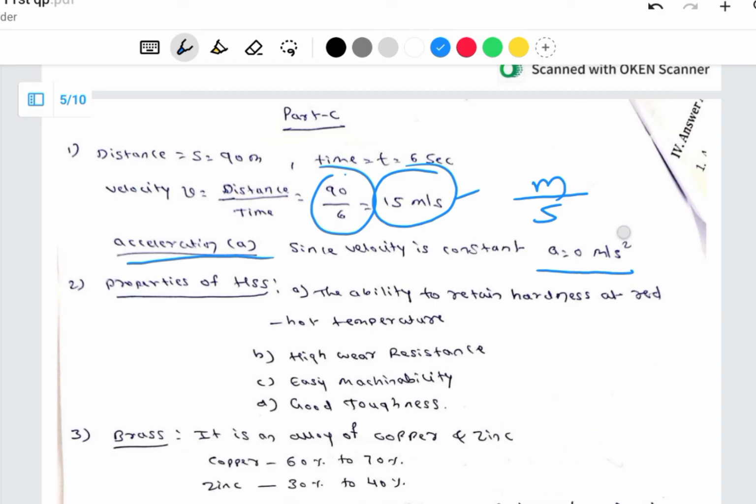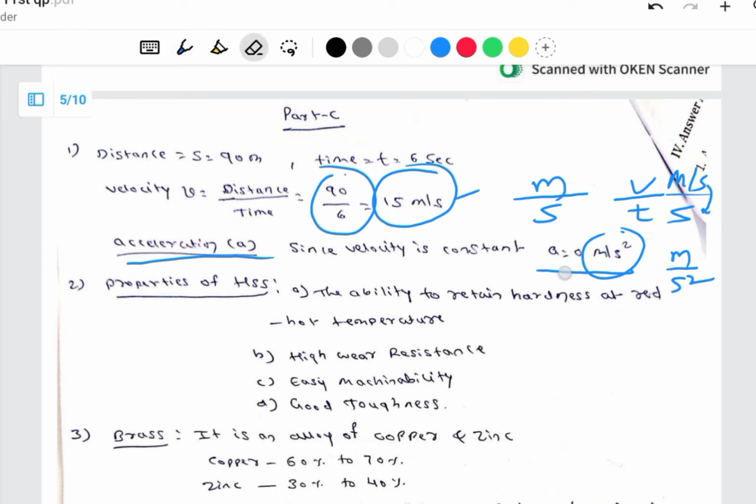The unit will be meter per second square: velocity in meter per second divided by time in seconds, so the second shifts down and it becomes meter per second square. This is how you can calculate.